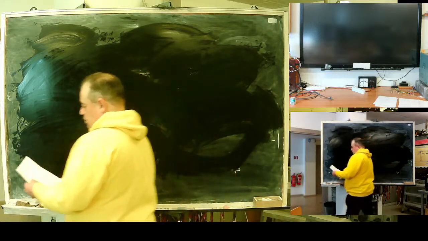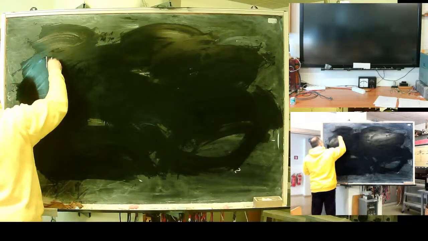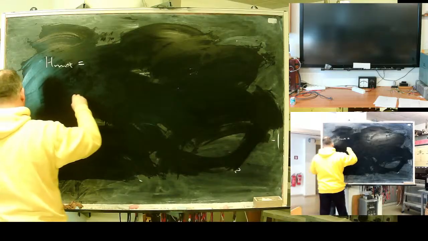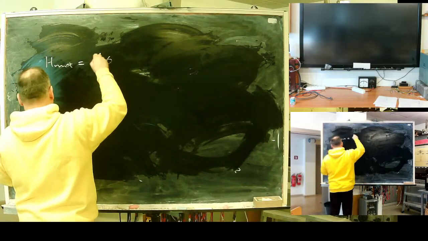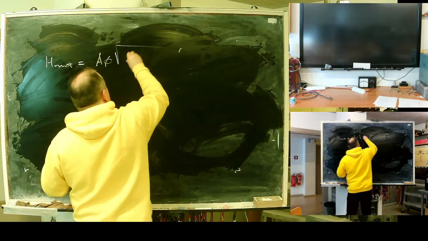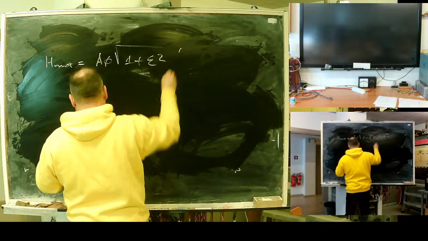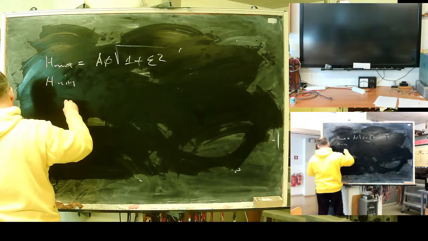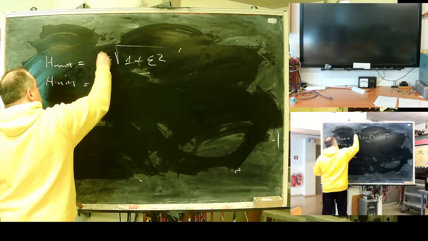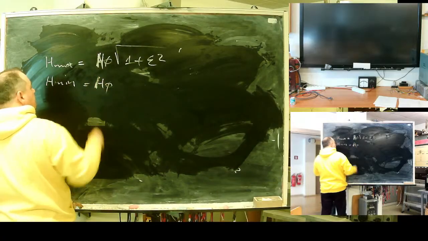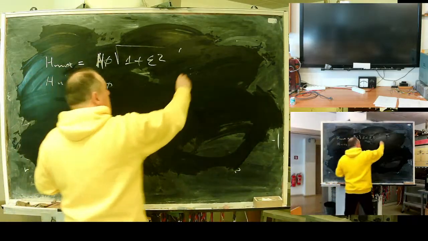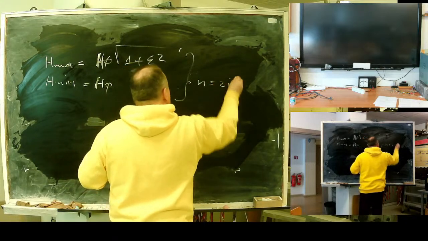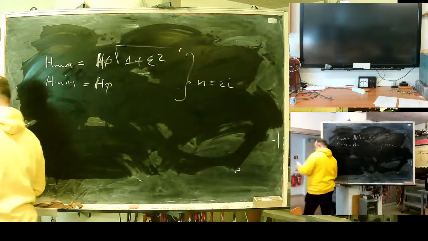It should be noted that H max equals H0 squared, and H minimum is H0 divided by the square root of 1 plus epsilon squared, for odd orders.